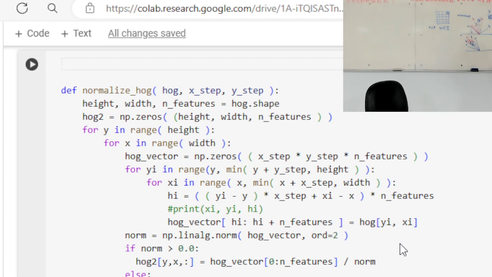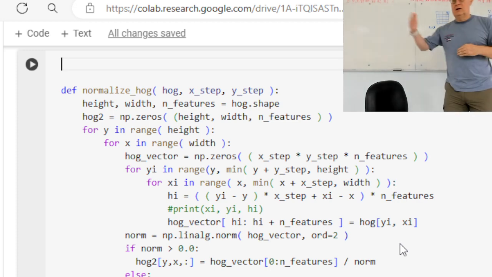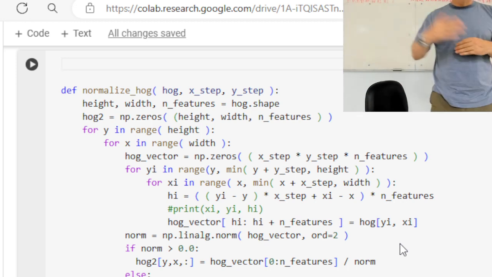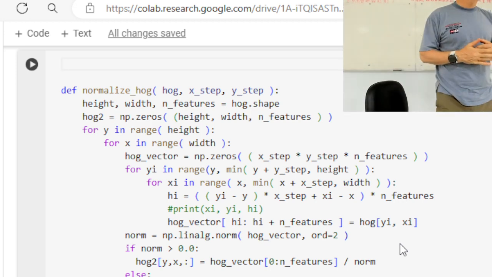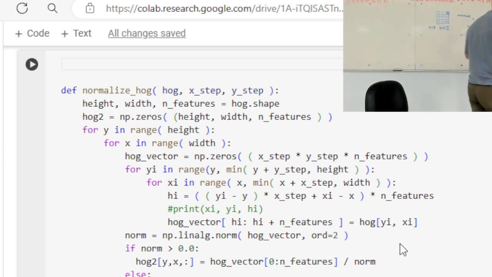So I can think of that as a vector. If I want to get rid of the general magnitude, the brightness in the area, then one way I can do that is to normalize the vector to be exactly unit length.